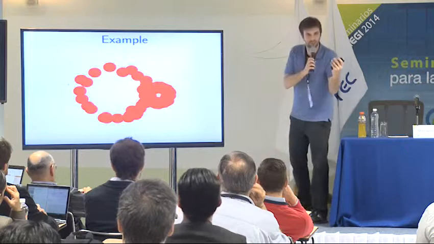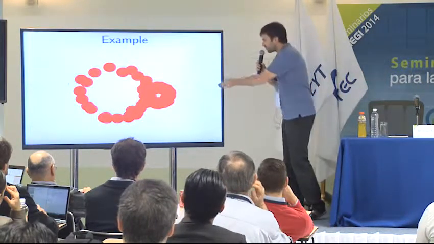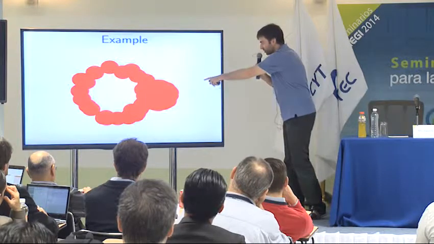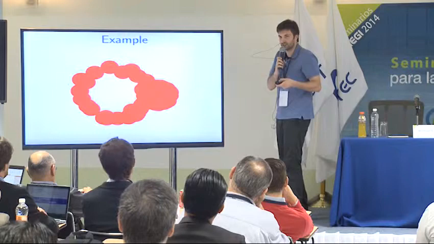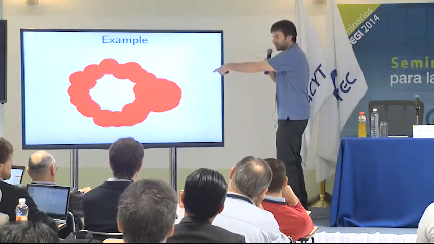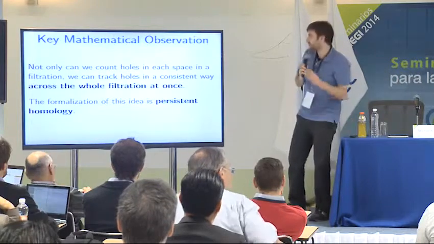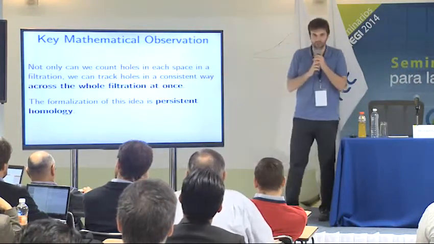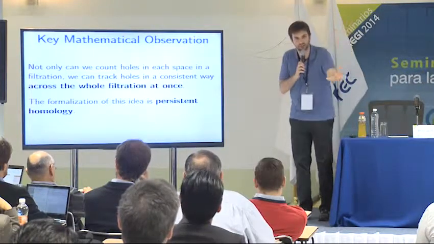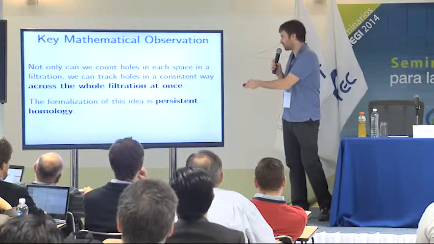Somehow you see that it's the same hole across the range of spaces. And eventually it closes up, that hole dies. Now this other bigger hole appears, and as I continue to increase the radius parameter, this one continues to live on for a while, right? So we see that we can track holes in a consistent way across the whole filtration. It makes sense to talk about the holes as a property of this one parameter family, not only as a property of the individual objects.